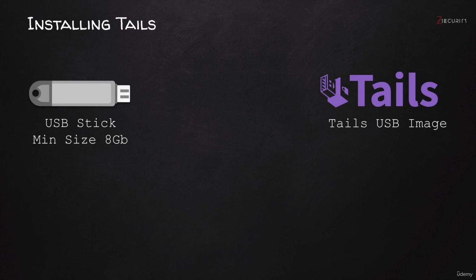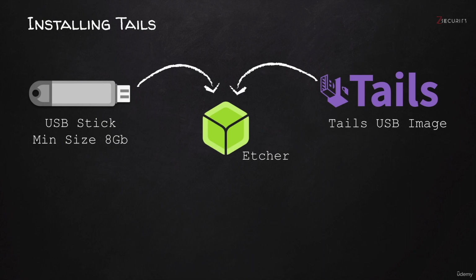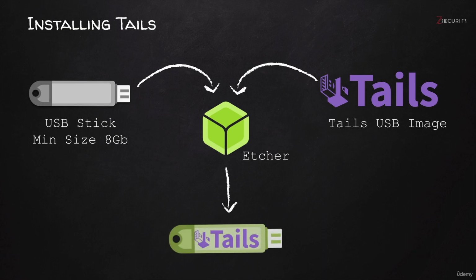And finally, you'll need software to flash the Tails image to the USB stick in order to have a bootable USB stick with Tails on it. And once we have that, we'll be able to connect that to any computer that runs any operating system and run Tails from that computer.